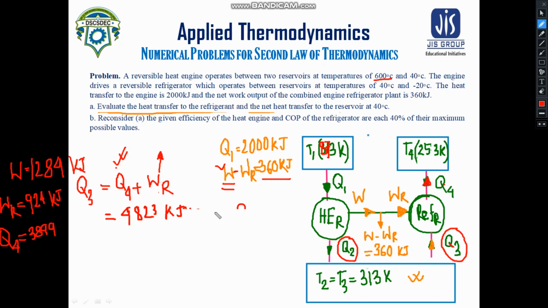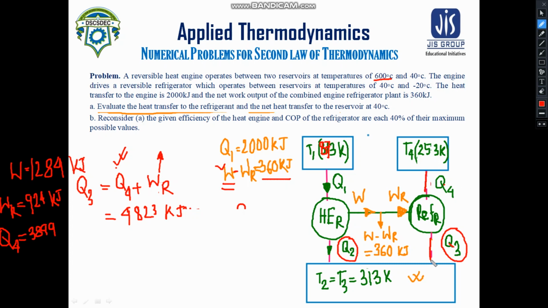Now the question is that we need to find out the net heat transfer to the reservoir at 40 degrees Celsius. This is your net heat transfer, right? I am very sorry, I have missed these directions. I have complicated this.